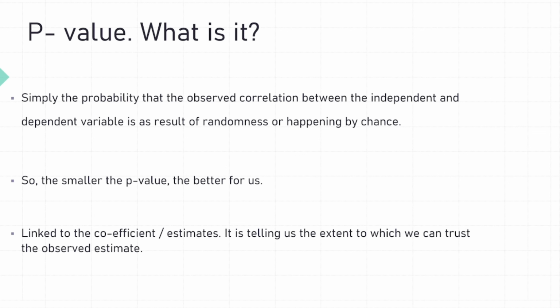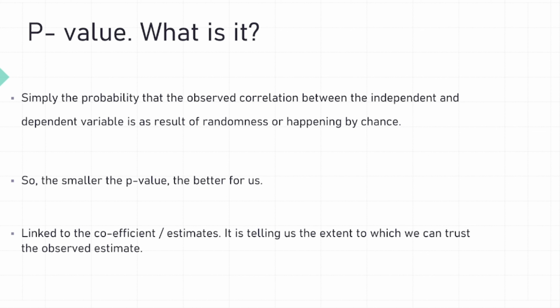So before we can accept our alternate hypothesis, or before we can reject our null hypothesis, we should have some grounds to do that. And this is the concept of p-value, right? Now the p-value, the p here simply stands for probability.